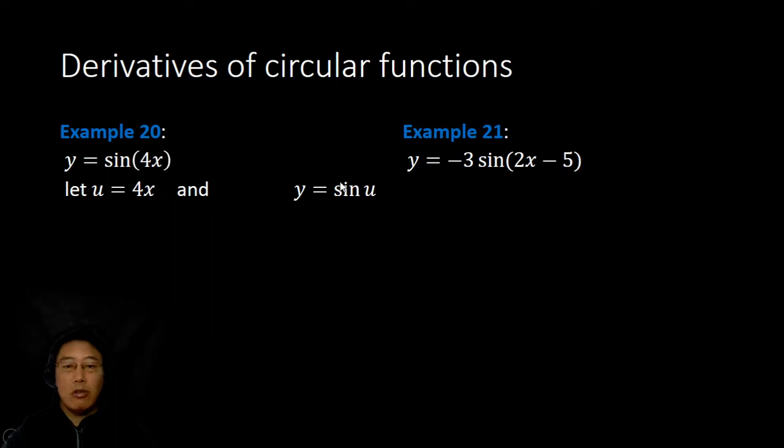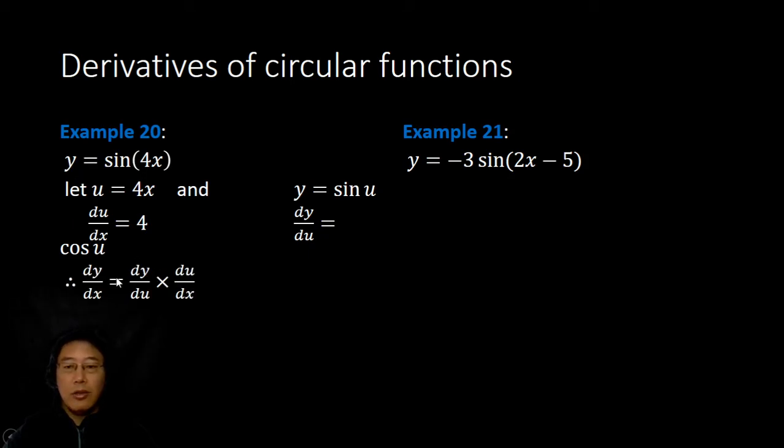You differentiate both of them respectively. So du over dx is 4, and dy over du is going to be cos of u. Then dy over dx, using the chain rule, is dy over du times du over dx. We replace by what we just calculated above. That's 4 times cos of u. You replace u by the original function, which is 4x.